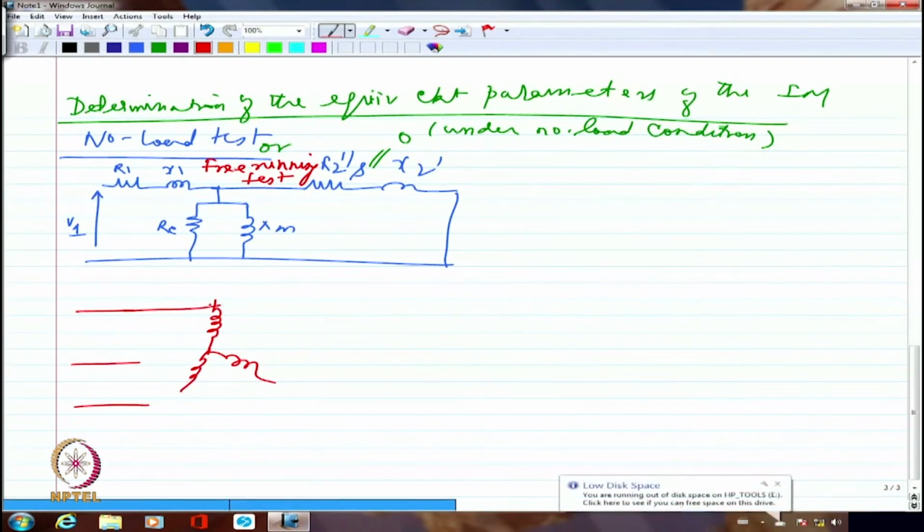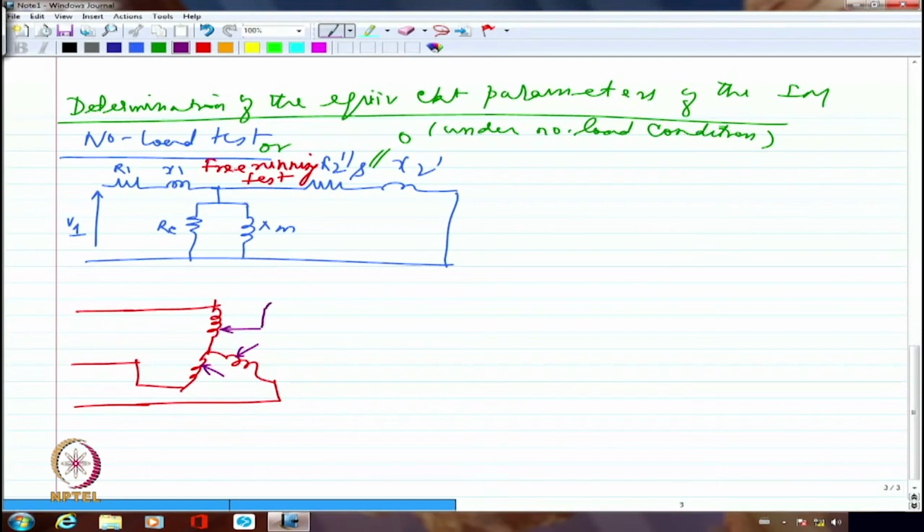So I'm connecting the full supply to the variac, and I'm going to have 3 jockey points coming out like this, which will go to the 3-phase induction motor. Right? I can't do it per phase, obviously. I have to do it for 3 phases and then calculate per phase parameters.